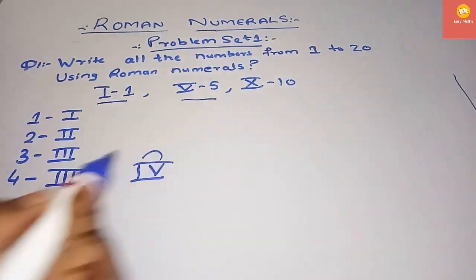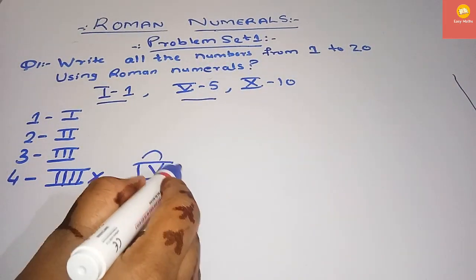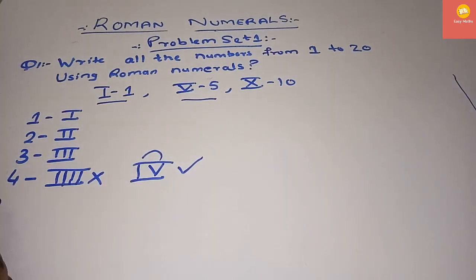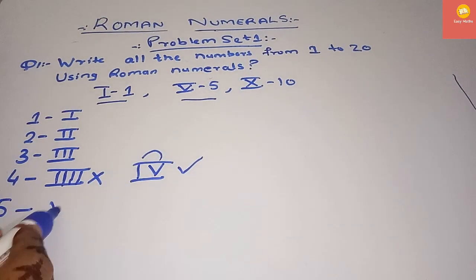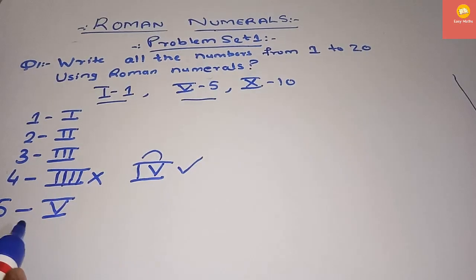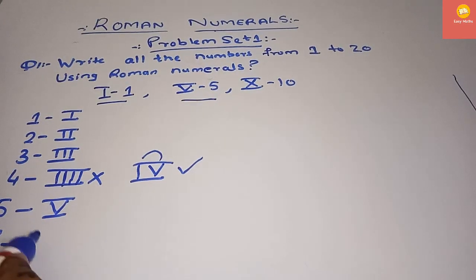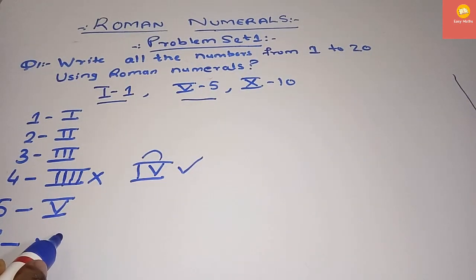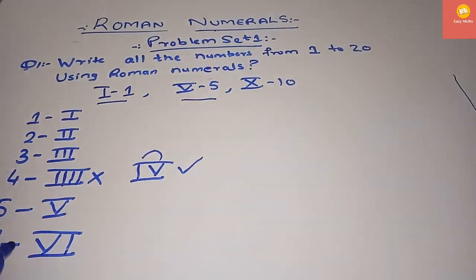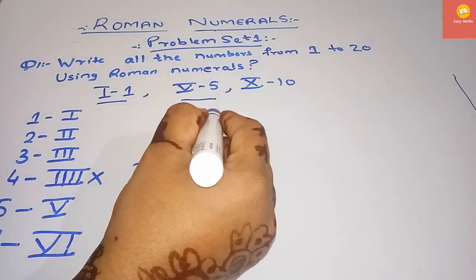This is how we write 4. Now how to write 5? Simple, it's capital V. 6: we know the 5 and just put I on the right hand side. 5 plus 1 is 6. How to write 7?